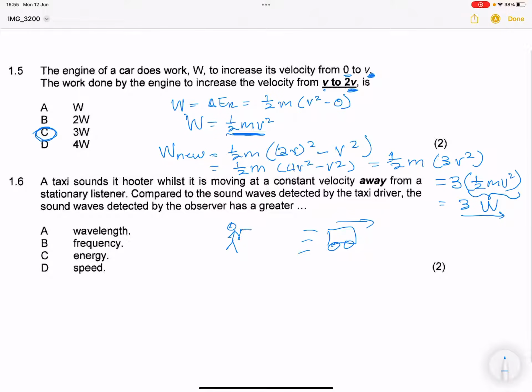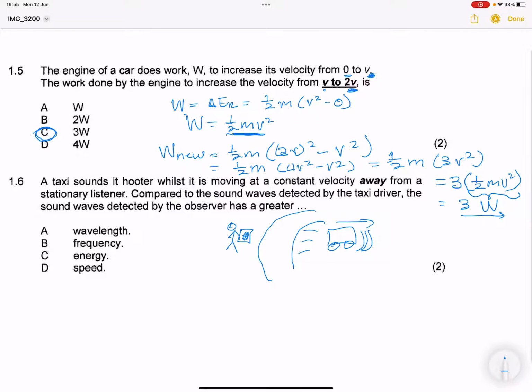So suppose that here's our guy, with some detector there, listening to this taxi moving away. So remember, in this case, the sound waves will be stretched, whilst on this side where it's moving towards, the sound waves will be compressed, right?